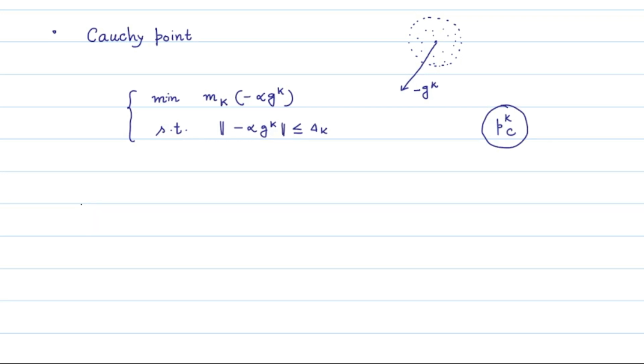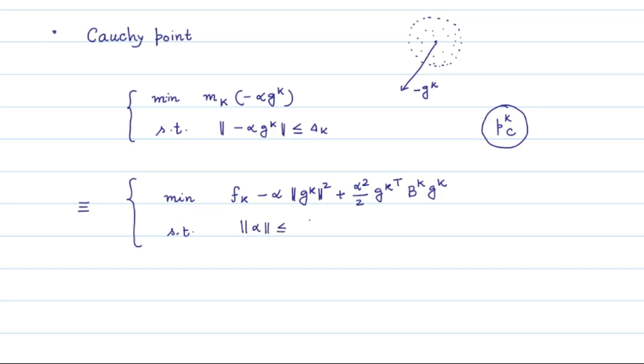To find this pkC, we try to solve this problem where we need to minimize the expression of mk of minus alpha gk, which is given by fk minus alpha norm gk square plus alpha square by 2 gk transpose Bk gk, subject to norm of alpha is less than or equal to delta k by norm of gk.